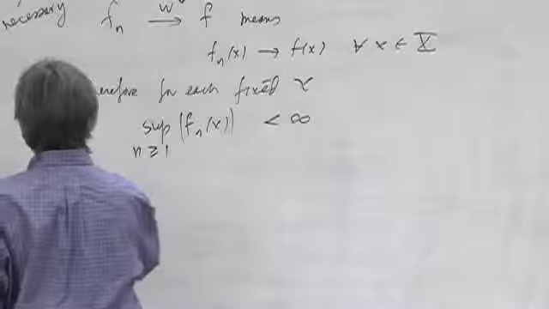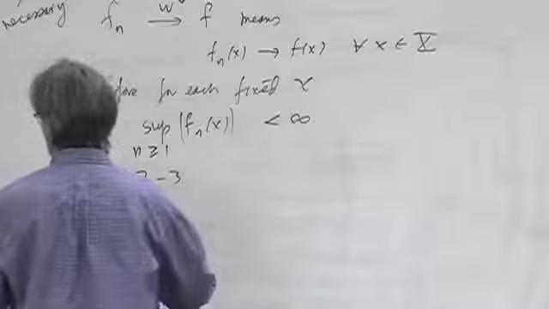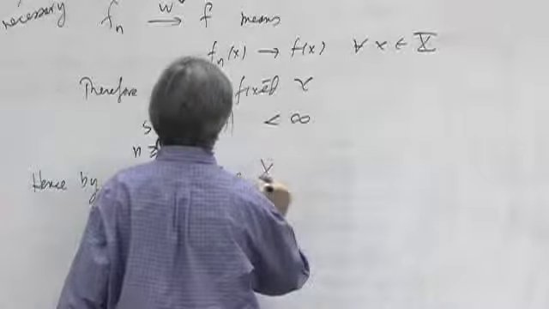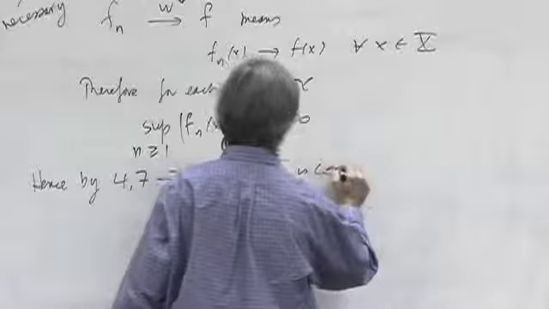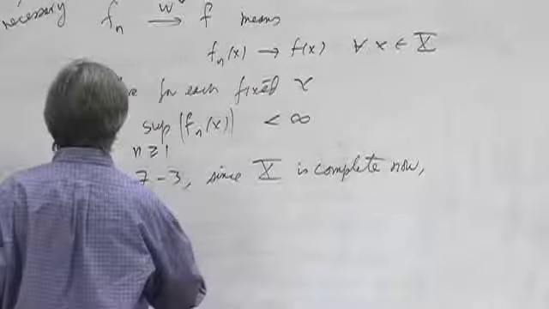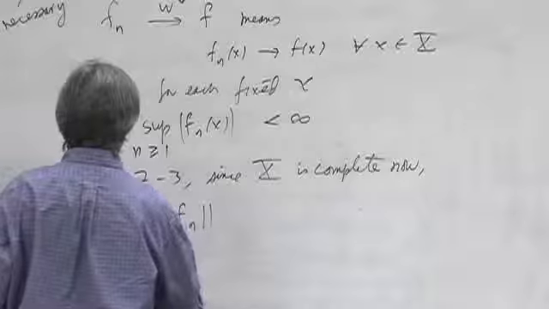Hence, by 473, as before, only a little bit more directly this time, since capital X is complete now, the supremum of the norms is finite.